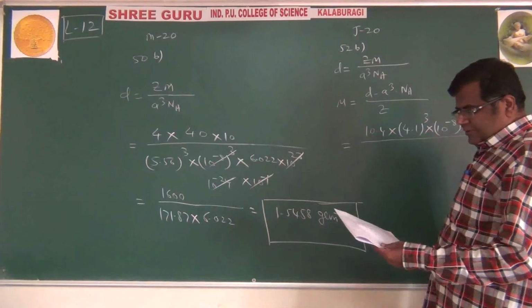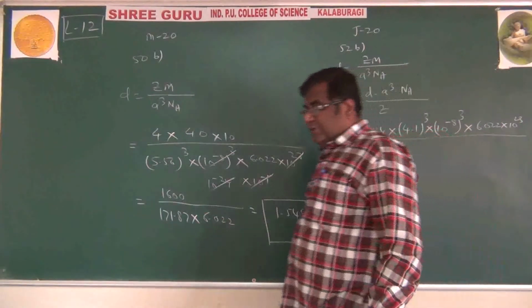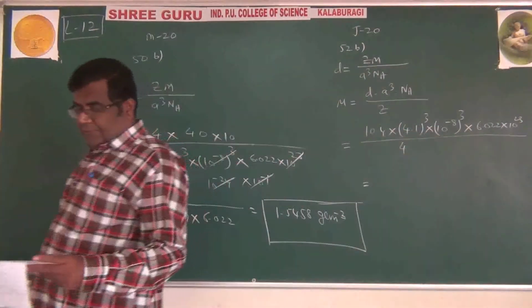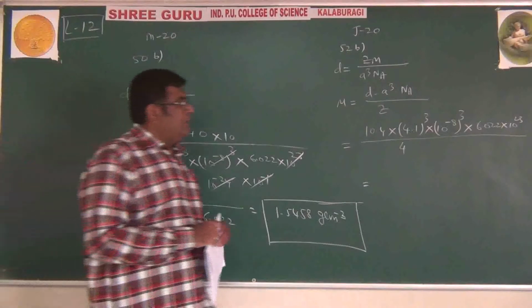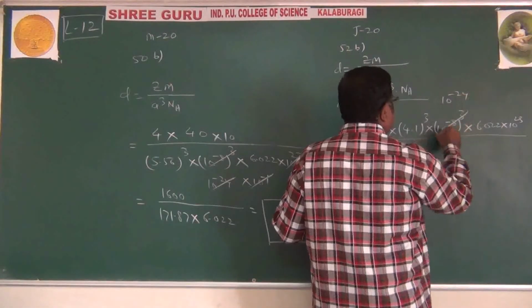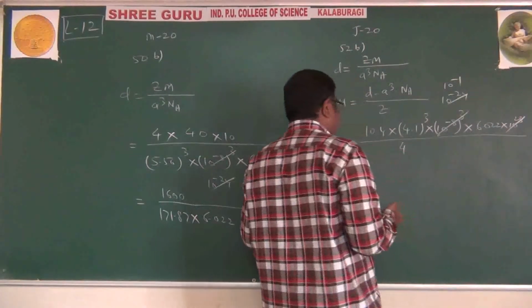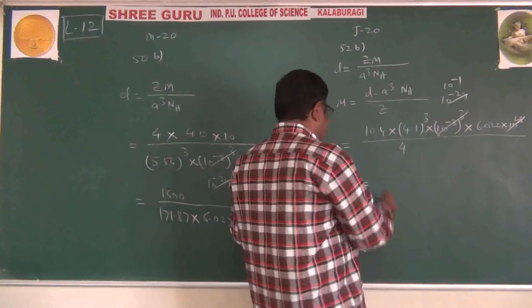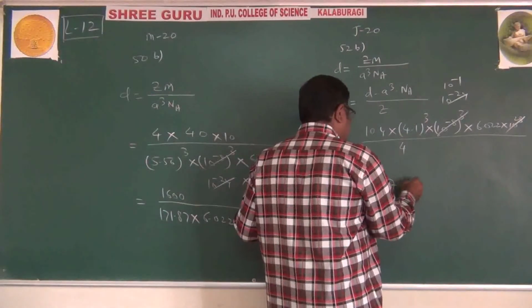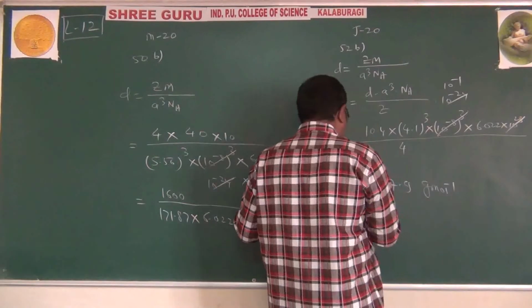And what about the value of number of atoms per unit cell, which is 4 here? So you can just simplify this. 10 raised to minus 24. This is 10 raised to minus 1. And if we simplify it, it is 107.9. Either you can write u or you can write gram per mole.